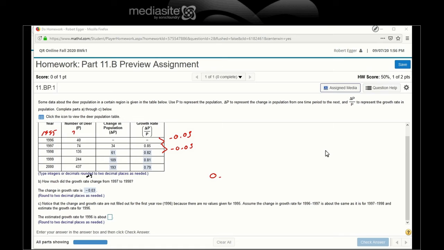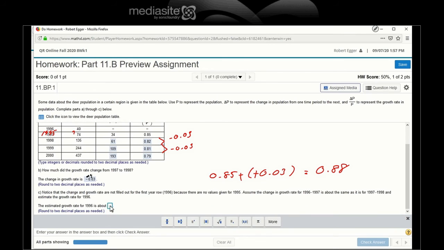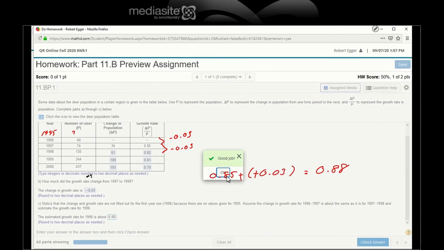So let's go with 0.85 and basically subtract that from it, which actually means plus. So I get 0.88 should be the answer. And that's correct.